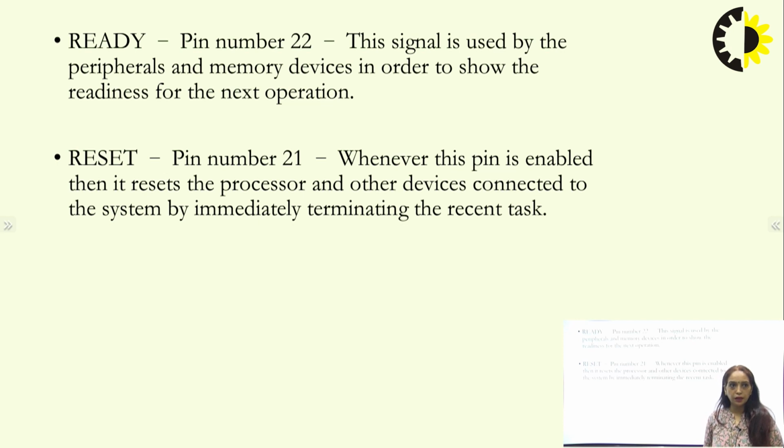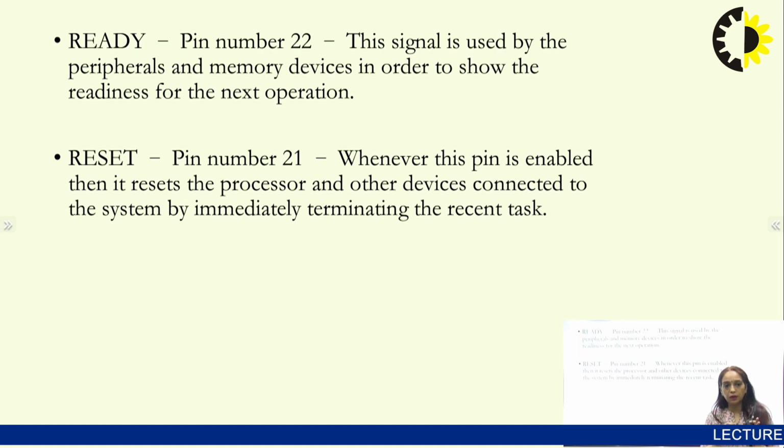Then we have ready. This signal is used by the peripheral and the memory devices to show their readiness for the next operation, and this ready pin is used when we have communication with slow peripheral devices. Suppose you have a microprocessor working at 5 megahertz and you are communicating with a 3 megahertz device, right?